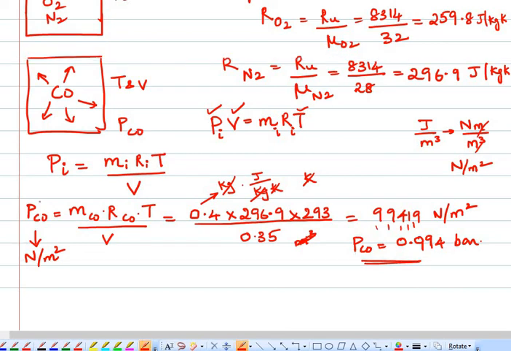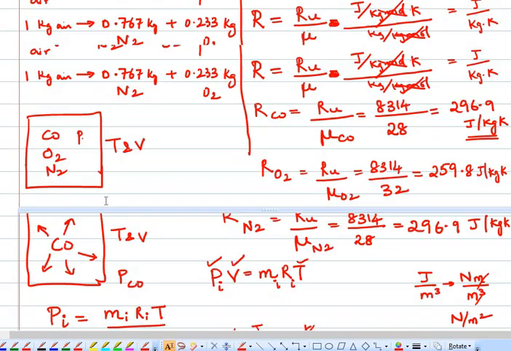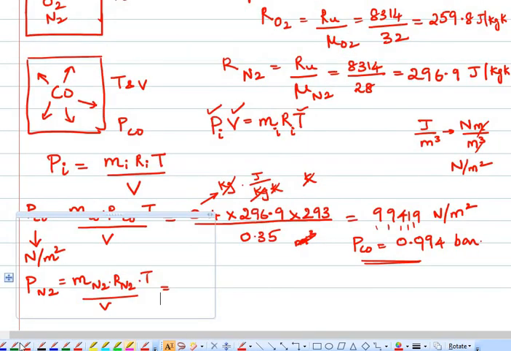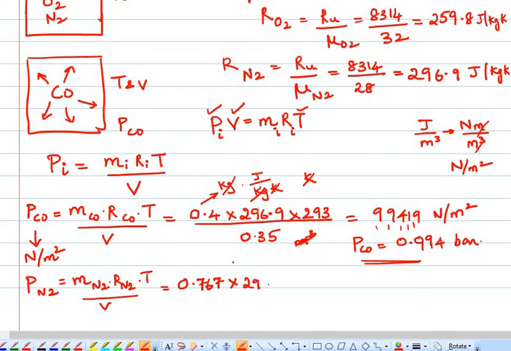Now I have to calculate the partial pressure of nitrogen. The same equation, but I have to substitute the mass of nitrogen, R value of nitrogen into temperature divided by volume. So the mass of nitrogen is 0.767, and R value for nitrogen is 296.9, and temperature is 293 Kelvin divided by volume 0.35.